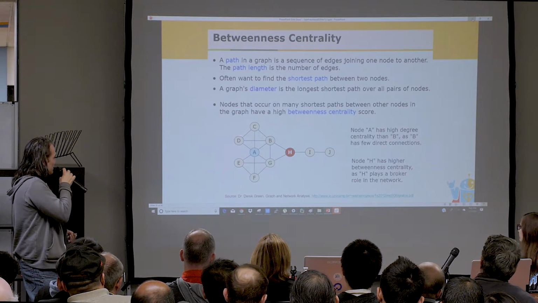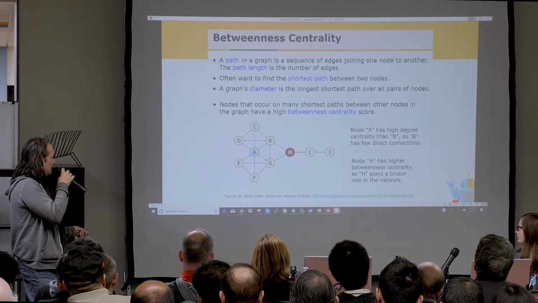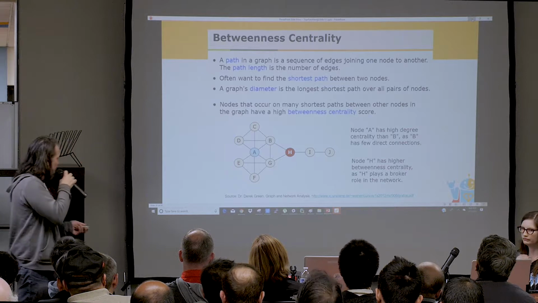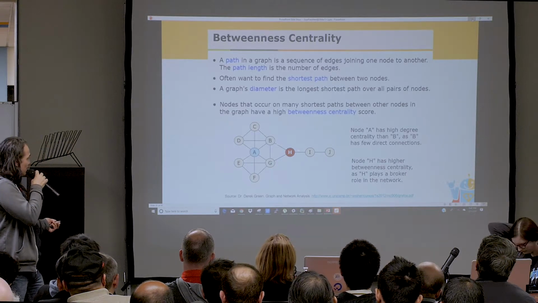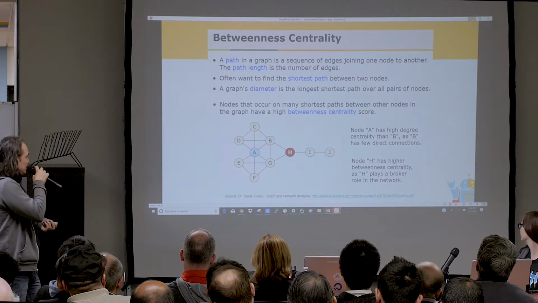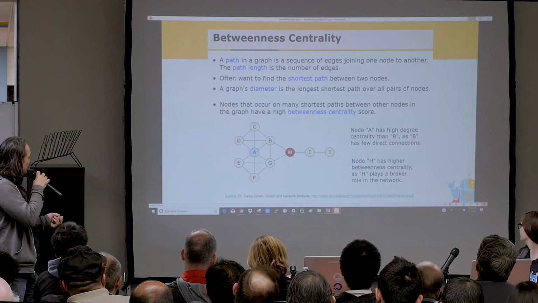All these nodes out here have to go through H to get to I and J. From a graph theory perspective, finding these brokers and middlemen, if you will, is important to understanding who the influencers are in your network.